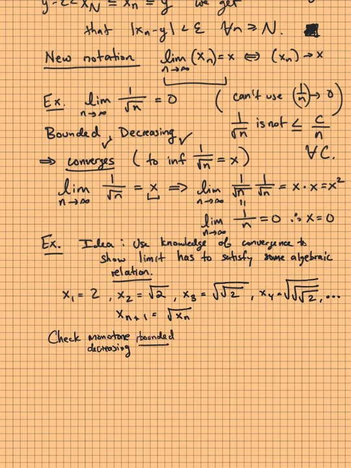So notice that since we're taking a square root of a positive number, we're always going to get a positive number. So it's bounded below by 0. And it's also bounded above by 2.